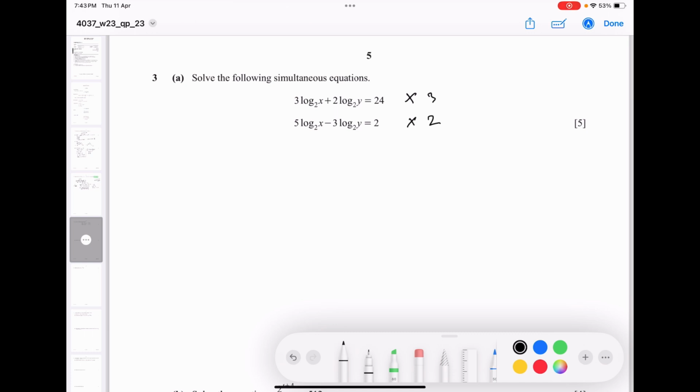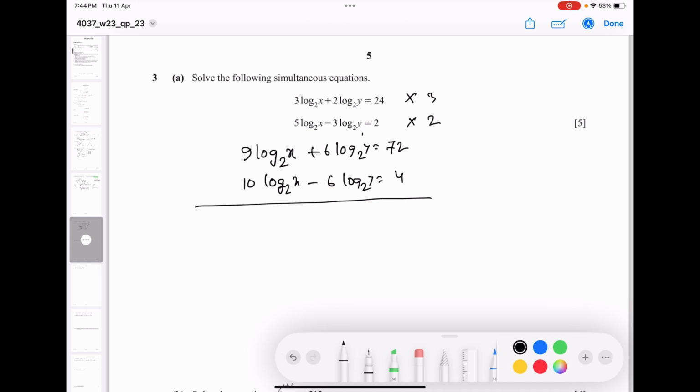So we can write 9 log base 2 of x plus 6 log base 2 of y equals 3 24s are 72. And in the same way, 10 log base 2 of x minus 6 log base 2 of y equals 4. Now if we add these, y will be removed.